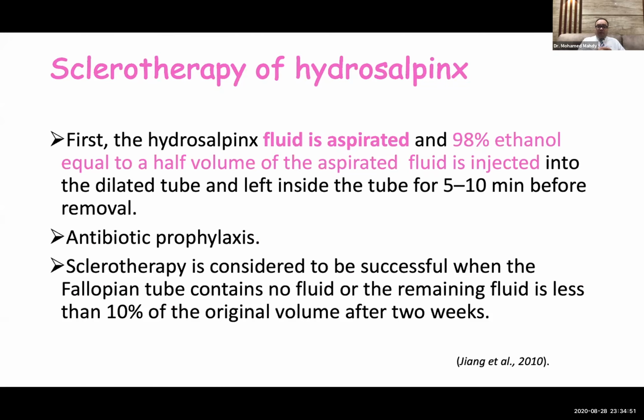Give prophylactic antibiotics. This is sclerotherapy. You damage the endothelium, so there is no reaccumulation of hydrosalpinx fluid. Sclerotherapy is considered successful when the fallopian tube contains no fluid or less than 10% of the previous amount of fluid, 2 weeks after the procedure.